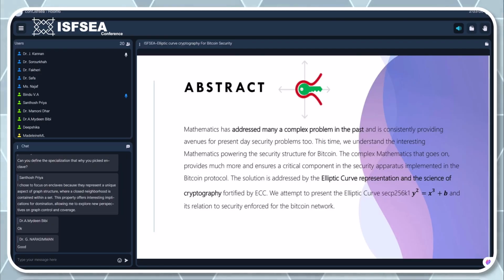The complex mathematics ensures a critical component in the security apparatus implemented in the Bitcoin protocol. The solution is addressed by elliptical representation and the science of cryptography, in short ECC. We attempt to present the elliptic curve secp256k1, of the form y square equal to x cube plus b, and its relation to security enforced for the Bitcoin network.